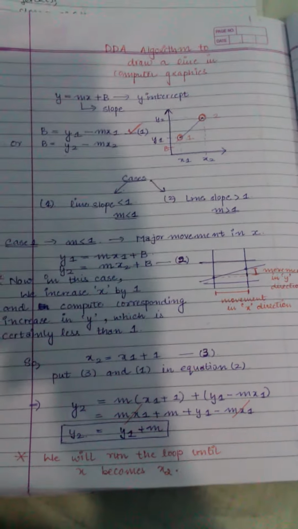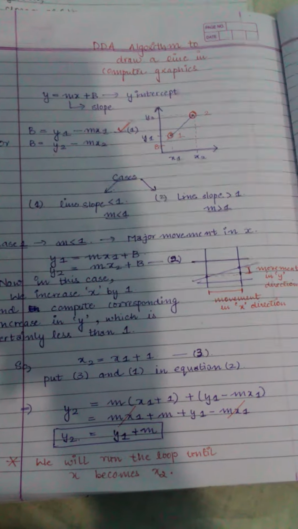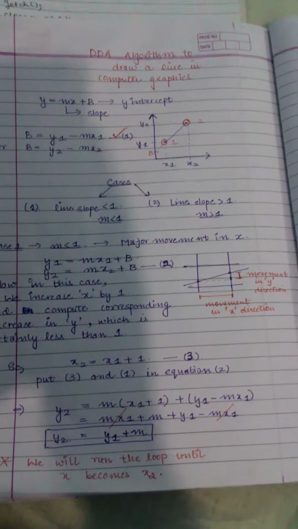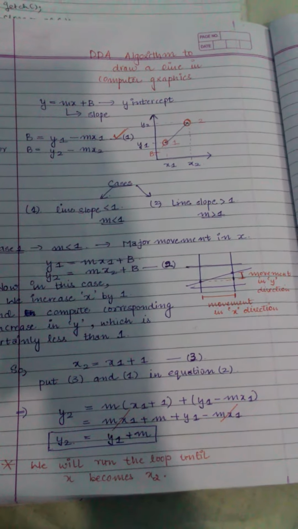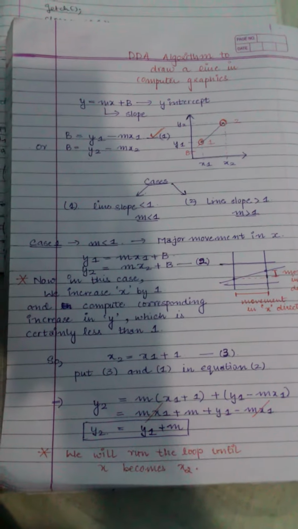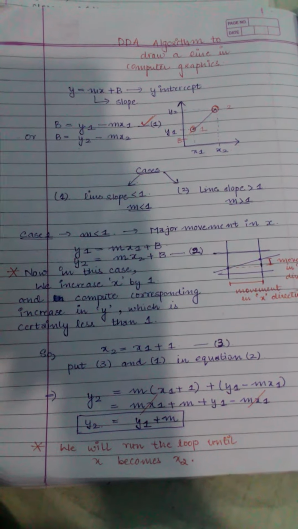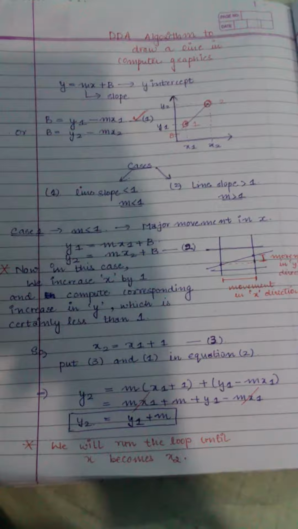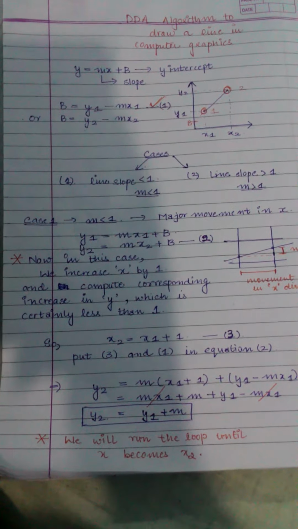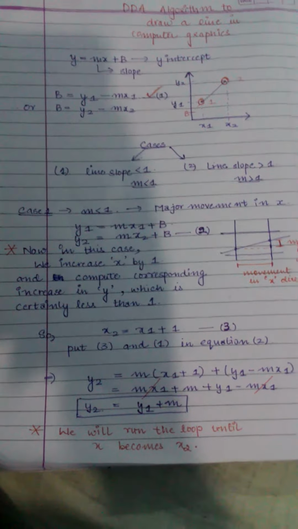If we increase x by a certain value, let's say 1, the corresponding increase in y will be less than 1. So what we do in this case where the slope is less than 1 is we increase x by 1 and compute the corresponding increase in y, which is certainly less than 1.